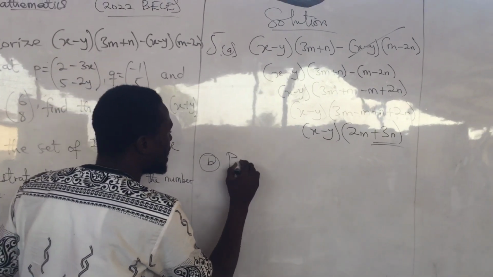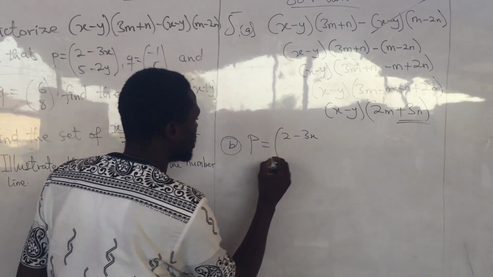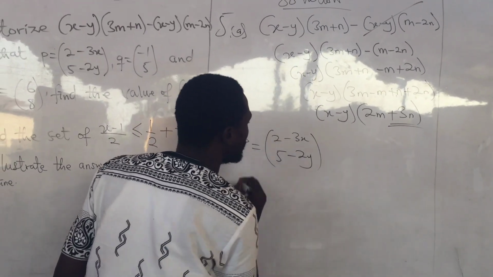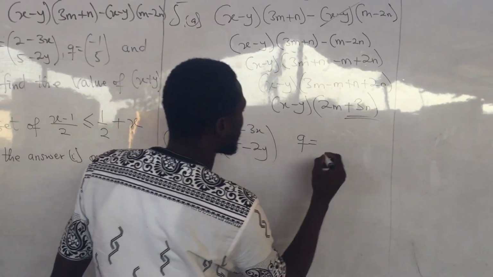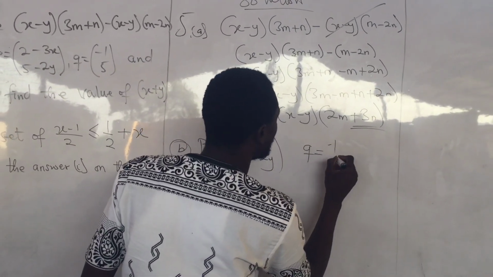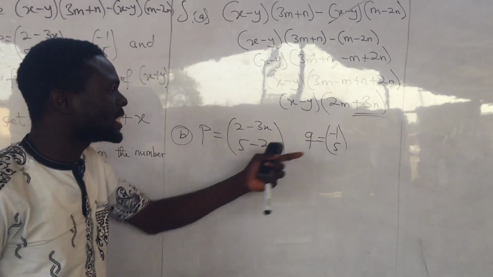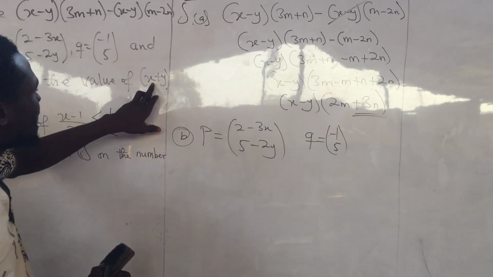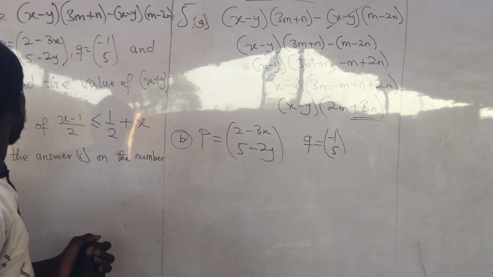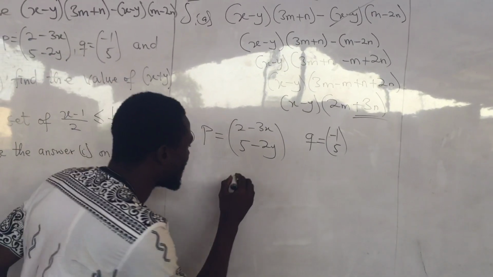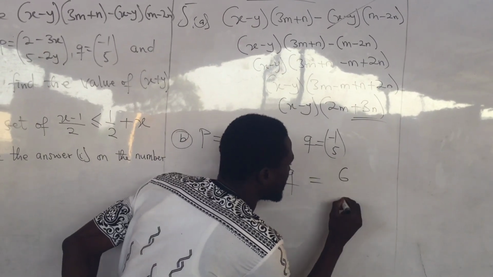We have been given p as the vector 2 minus 3x, 5 minus 2y, and we've been given q as negative 1, 5. Now we have to find x plus y. But to find x plus y, it has been stated that p minus q is equal to 6, 8.